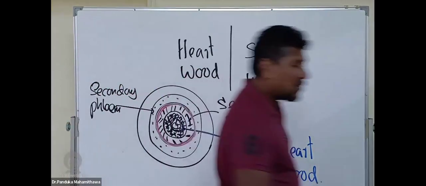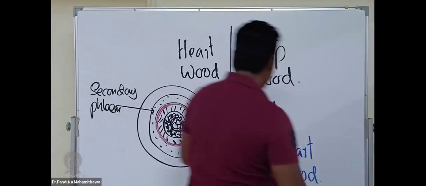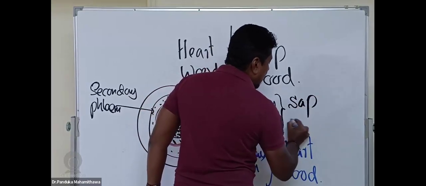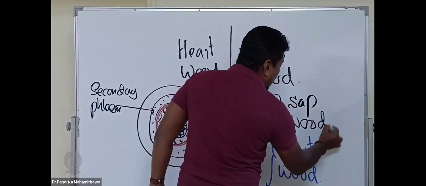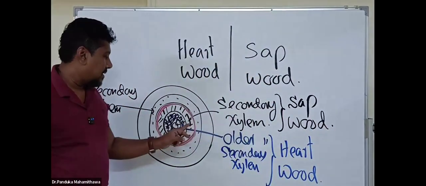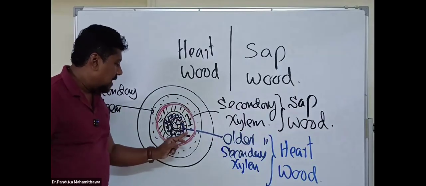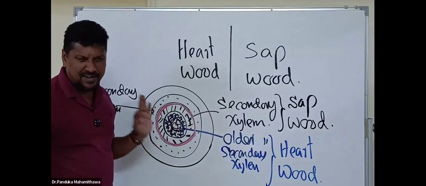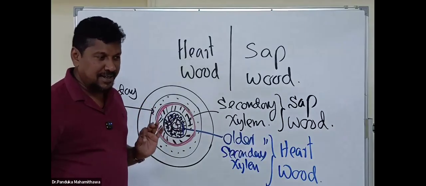Therefore, that area is called the sapwood. Why? Because the water and minerals, the xylem sap, are still there. So this is the sapwood, this is the heartwood. Understood? Very easy, clear.